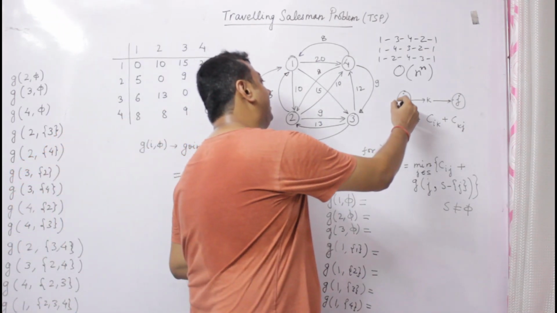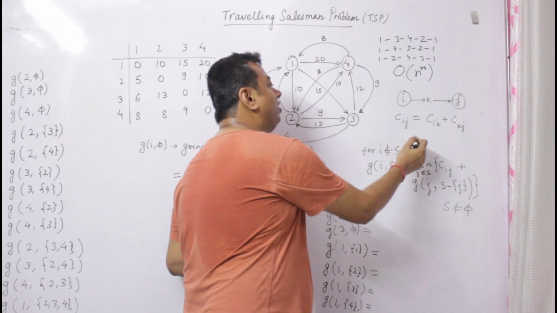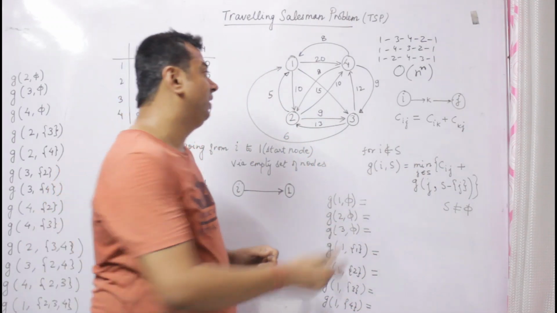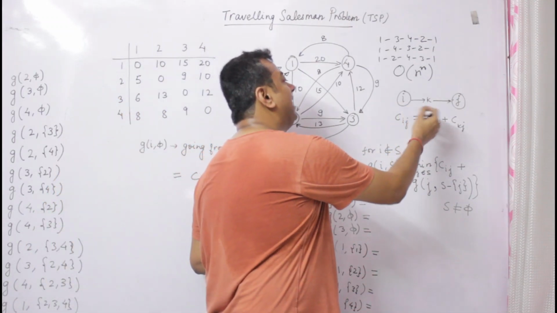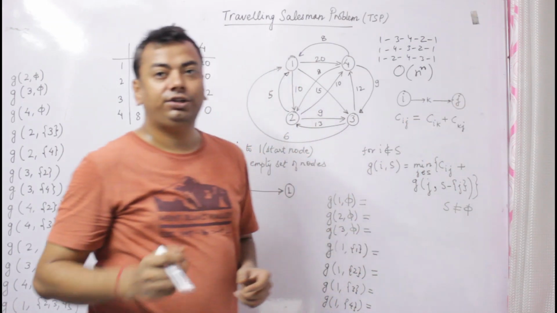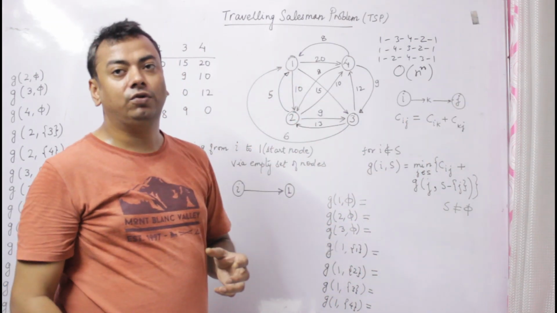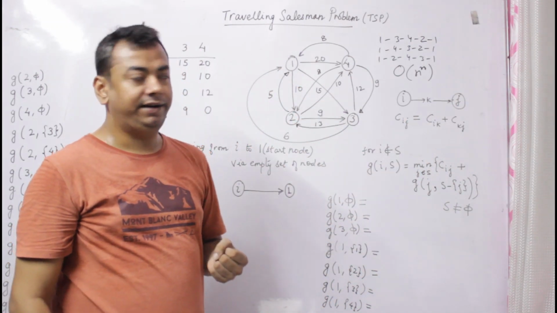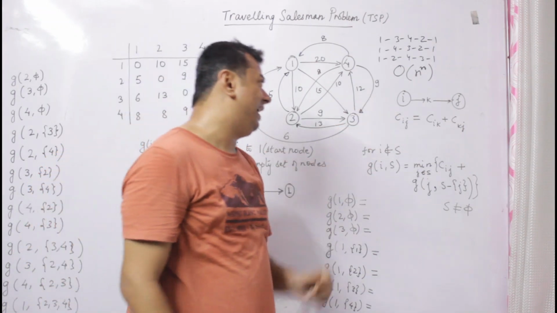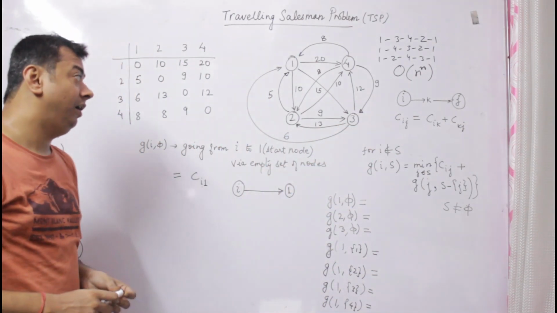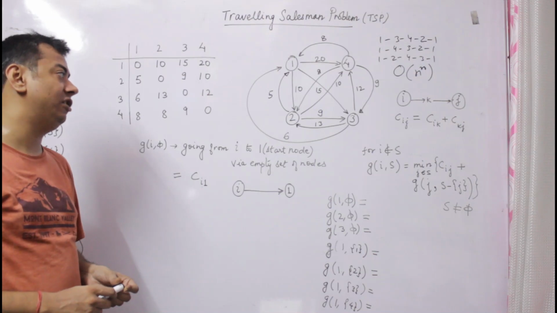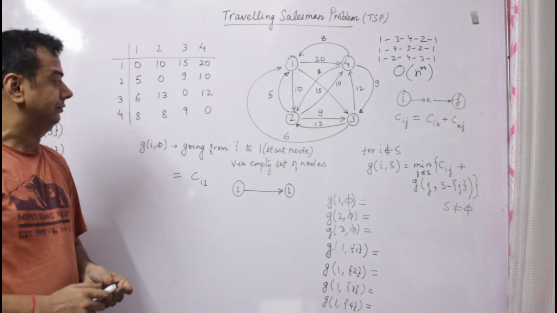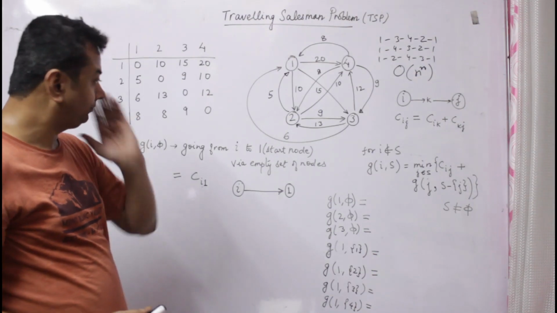So instead of going directly from I to J, which would cost Cij, he can choose I to K and then K to J. The minimum of those will be selected. So it has subproblems and it has optimality also.